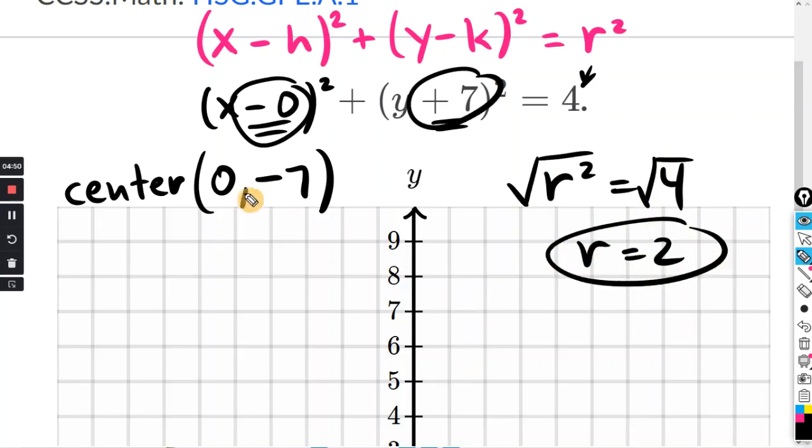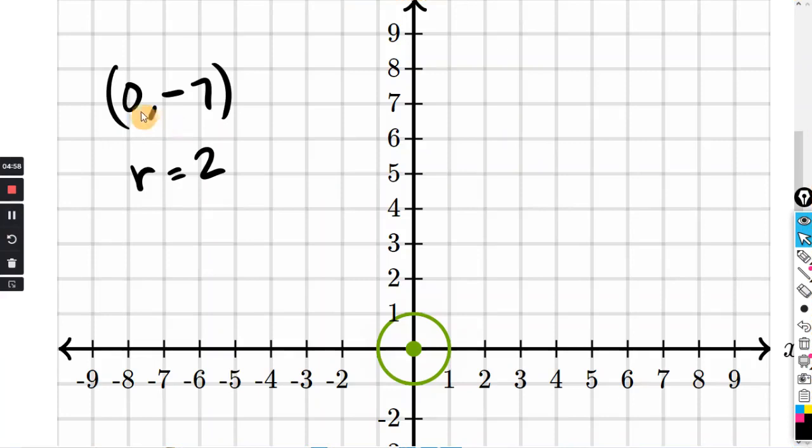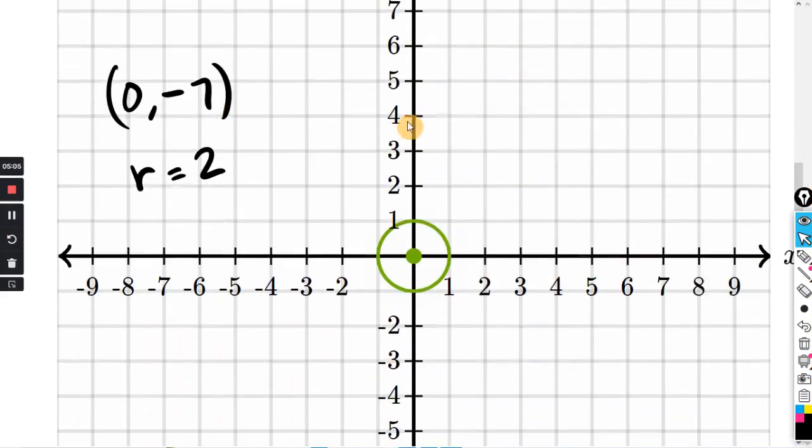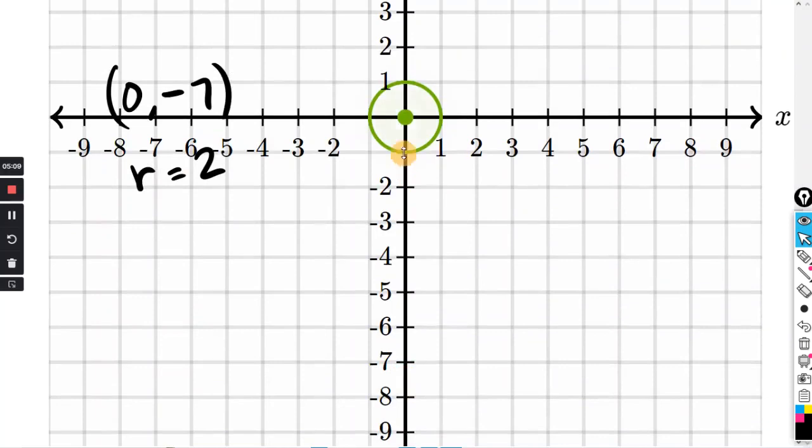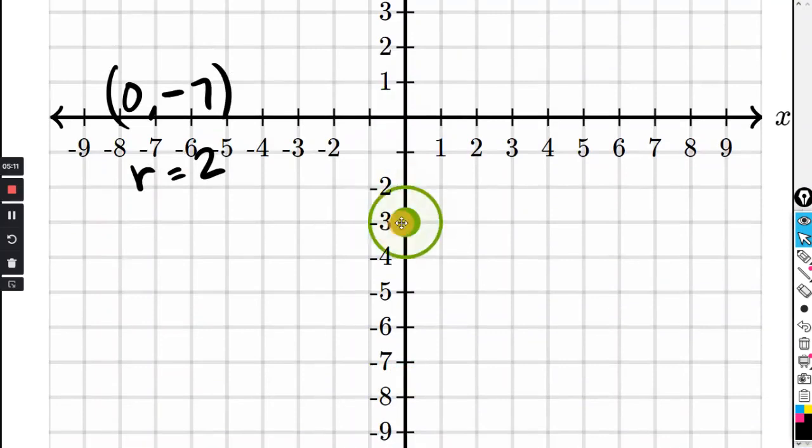So we need to plot the point for the center and then expand the circle to a radius of 2. Just go to x equals 0, and we're already there. This is the x-axis. And go down to y equals -7. This is the y-axis here, so we'll scroll down. Stay at x equals 0, left click, hold it, drag it down to y equals -7.